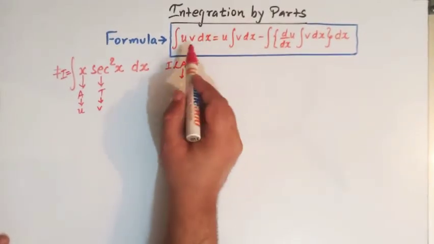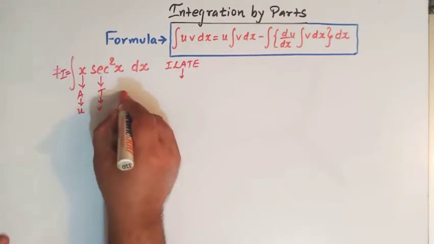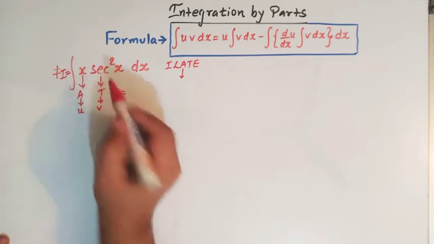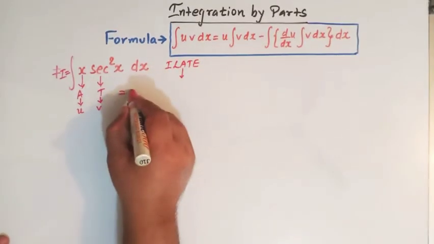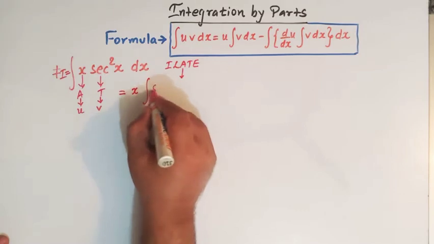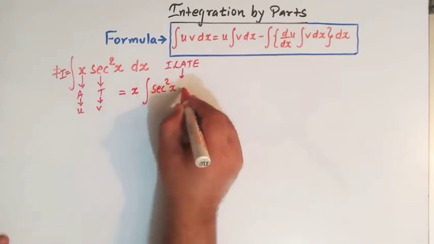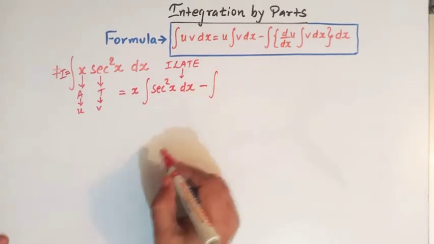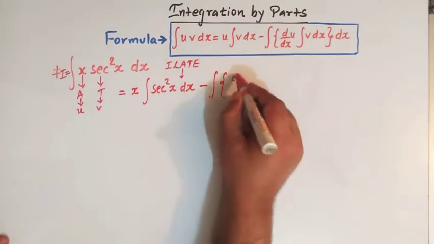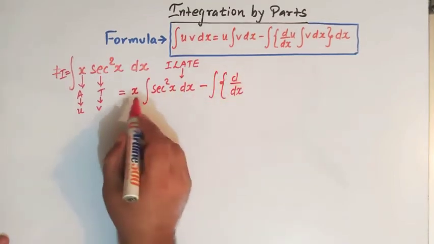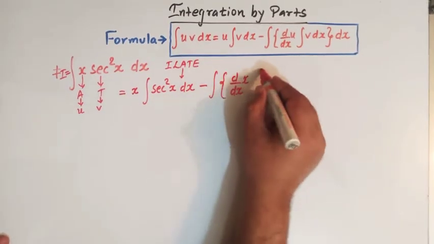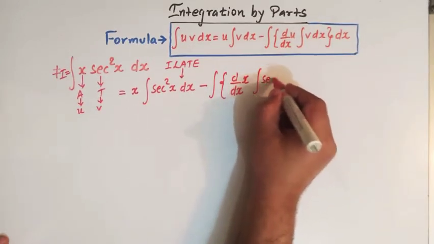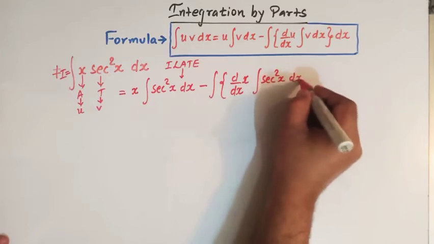So let us apply this formula, and for u we have x, for v we have sec square x. So applying this formula, we have here x, integral of sec square x dx, and then we have integral sign, here we have the derivative of u, that is x, and then we have the integral of v, that is sec square x dx, right?